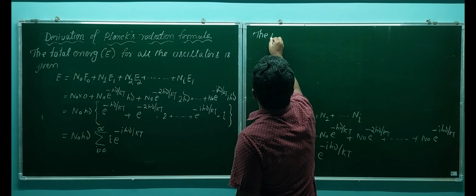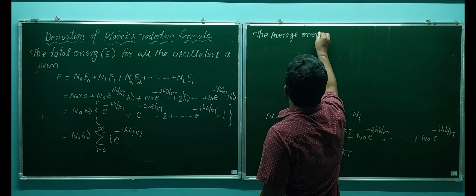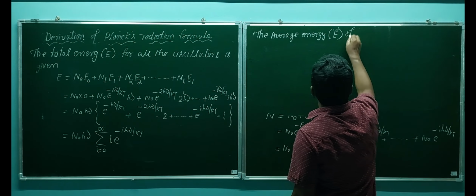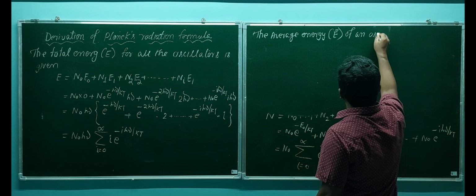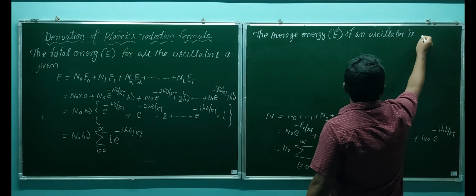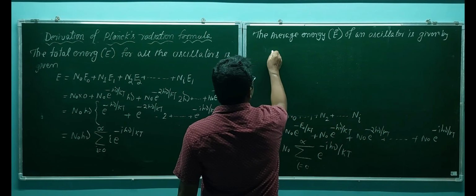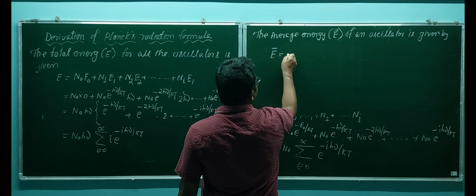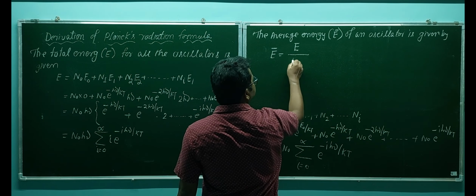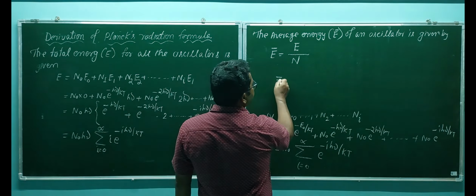So the average energy E bar of an oscillator is given by E bar equal to total energy divided by total number of oscillators. So what is the total energy here?